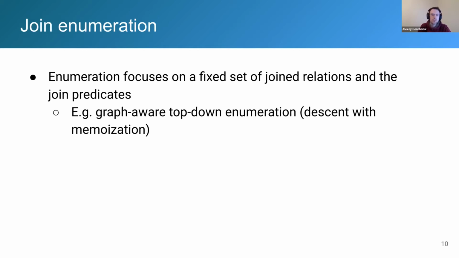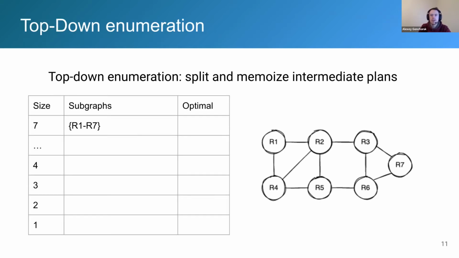The idea of this algorithm is that we have a deduplication structure, which is quite similar to the memo or a dynamic programming table. We start splitting our topology graph into partitions. So let's say we split it into 4 and 3.